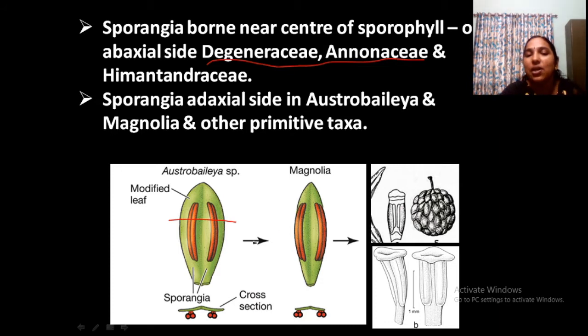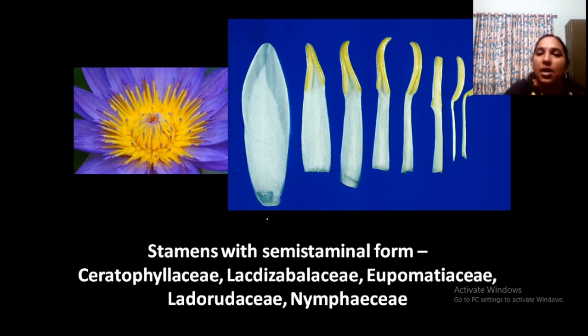Compare this with the nature of the stamen of Annonaceae. Up to the apical portion it is sterile, and only the middle portion is fertile. What is seen here also? The same. It is reduced in size in Annonaceae. So that is the nature of evolution. Clear? See, this is another very important one.